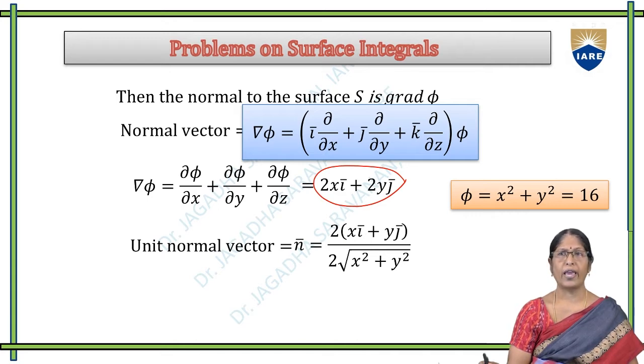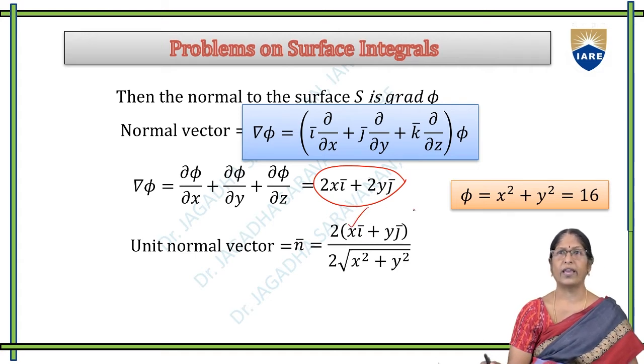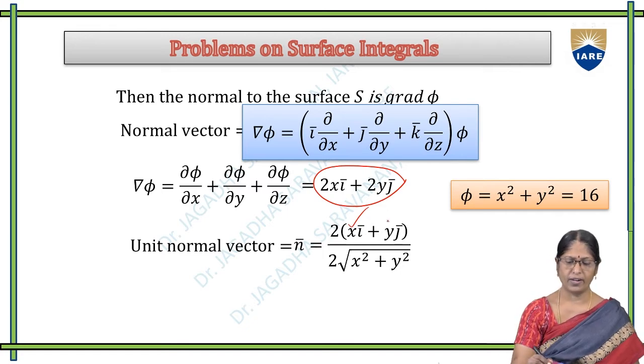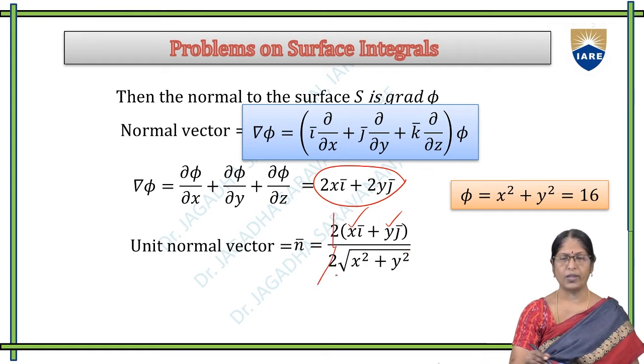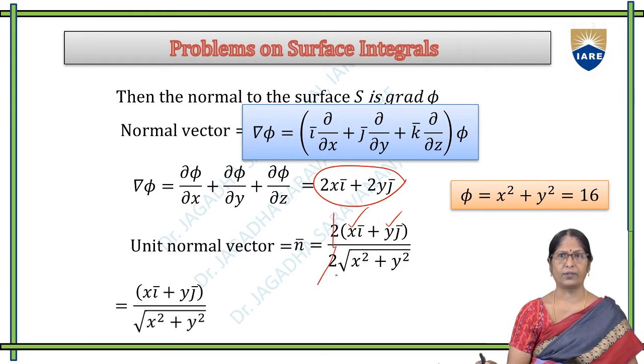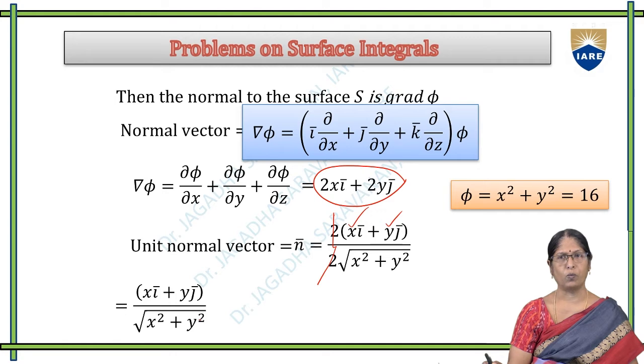So 2 of xi plus yj divided by 2 of root of x square plus y square. The 2s are getting cancelled. Now, xi plus yj divided by root of x square plus y square.